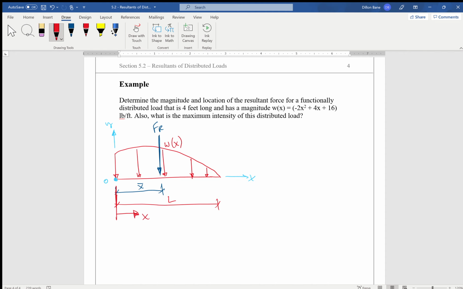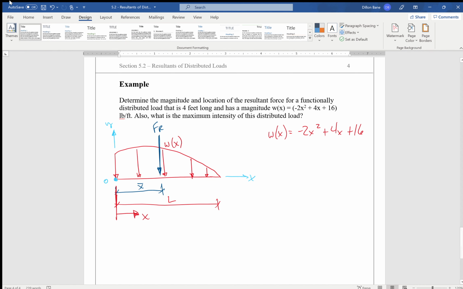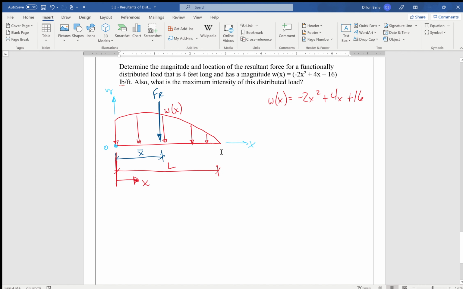It's just now the function is not going to be linear. So we know that W of x is given to us: negative 2x squared plus 4x plus 16.